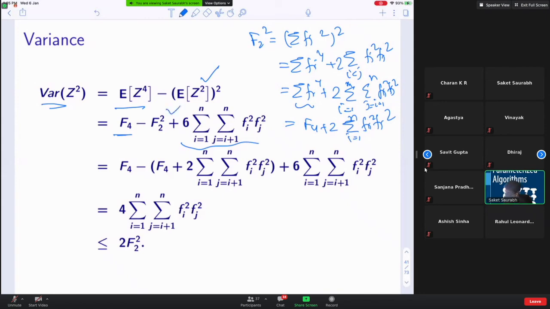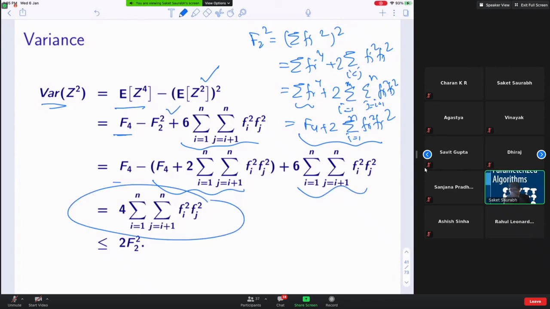Now what is f2 square? I can write it like this. So this is this plus this, where this f4 and this f4 will get cancelled, and what you get is this. Now this is like some terms here, like fi square fj square, but you get my point. This is less than f2 whole square.